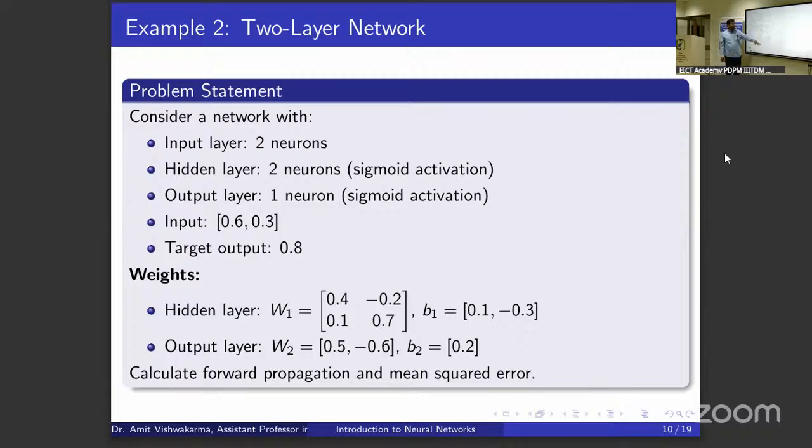How many weights are there? Four W's. So I can arrange these W's in matrix form. What will be the size? 2 by 2.